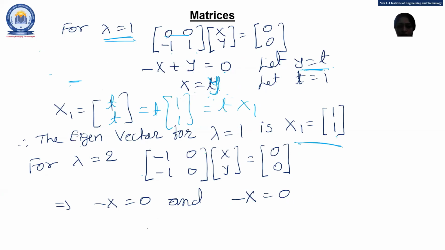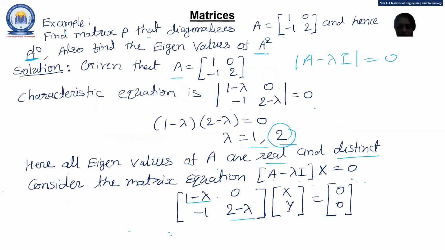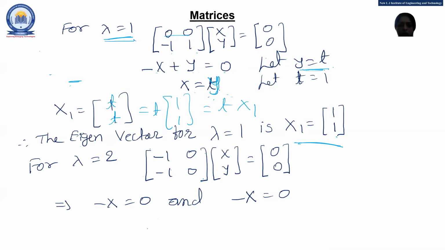If I substitute lambda equal to 2 in this characteristic equation, then I have minus 1, 0, and here 0, and minus 1, 0. It means both rows are the same. From this, minus x equal to 0, and from the second row again minus x equal to 0.